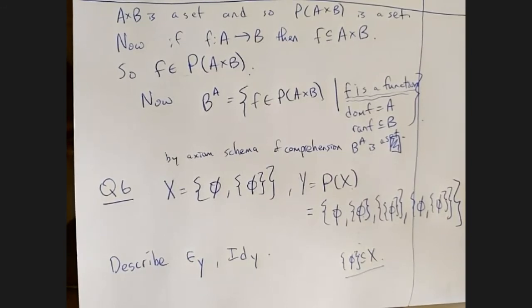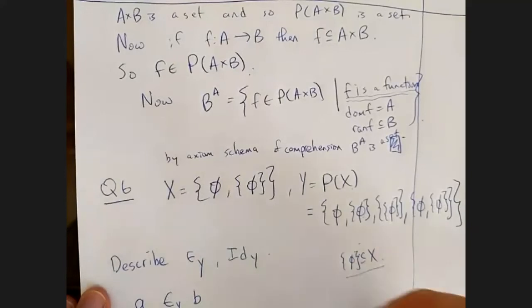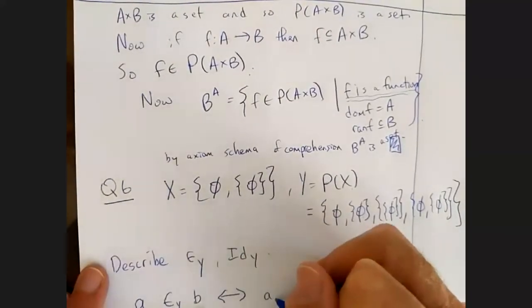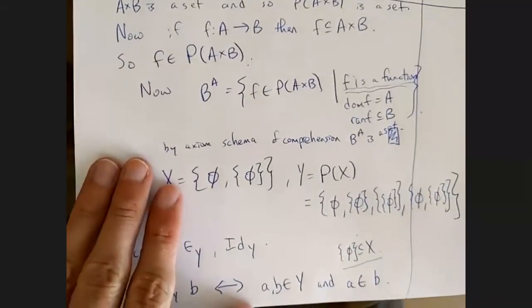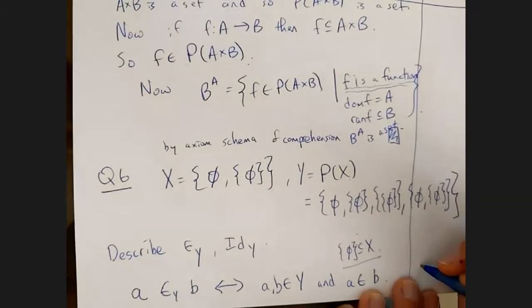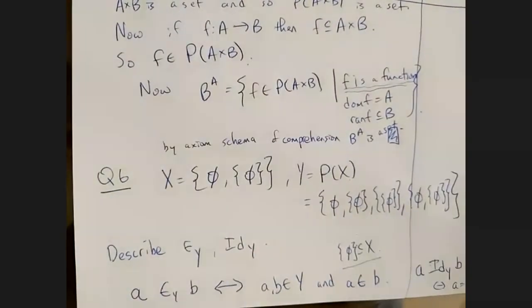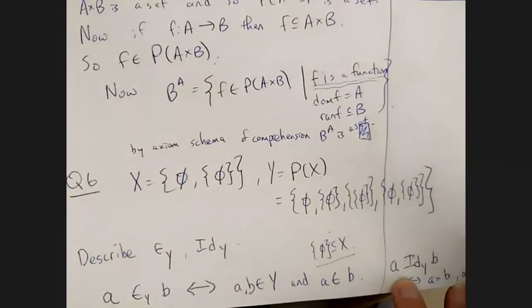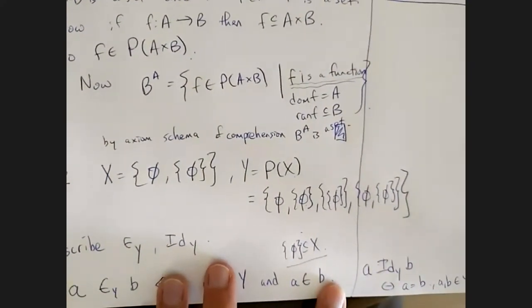Before we do that, I'll just remind you what the membership relation on Y is. I'll write it like this: A is a member of B if and only if A and B are both in Y and A is an element of B. And the identity relation is that A is related to B if and only if A equals B, and A and B are both in Y. Why?